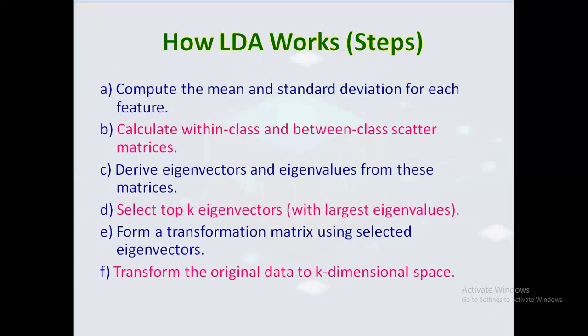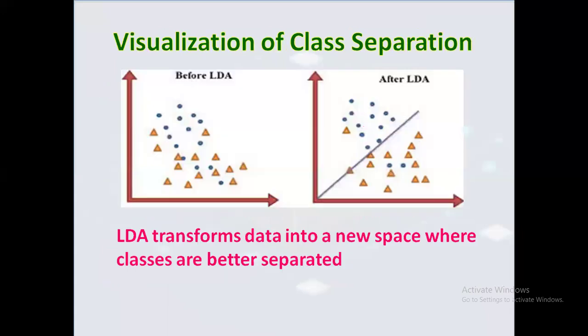Next, if you are looking at these two graphs, this is a visualization of class separation. First, before applying LDA, the features are like this. After applying it, we can discriminate the two different features like this by using a linear line. In a typical LDA visualization, class distributions are shown in their original feature space, which may overlap or appear poorly separated.